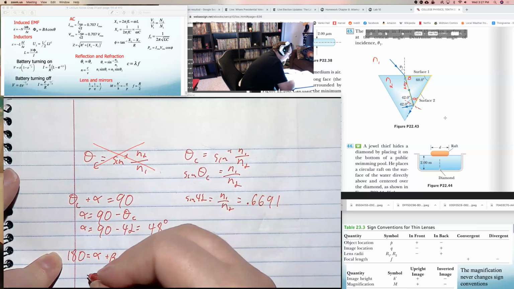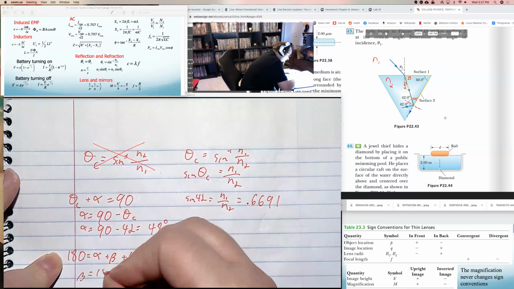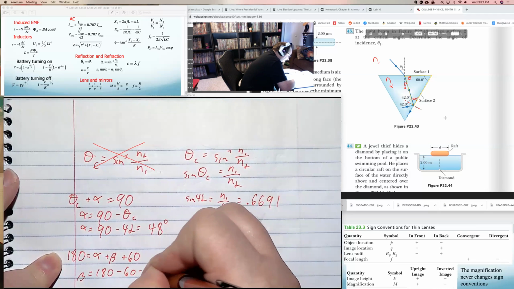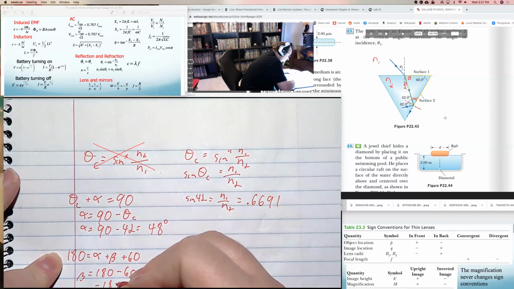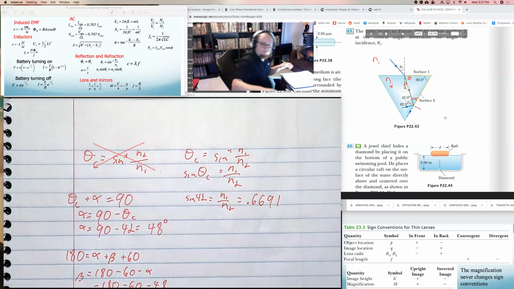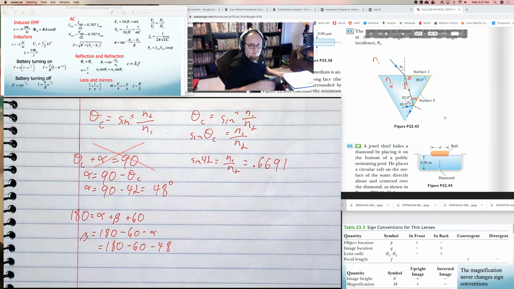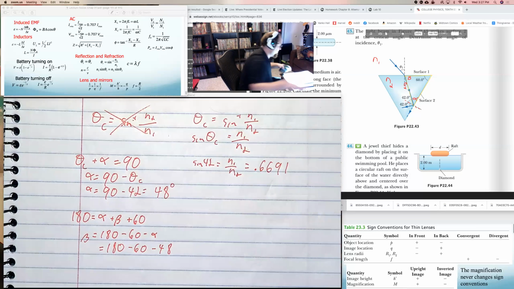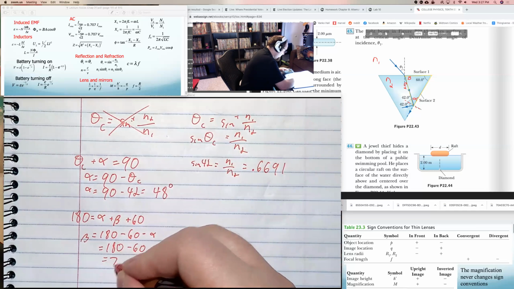That means beta is 180 minus 60 minus alpha, or 180 minus 60 minus 48, which is 72.